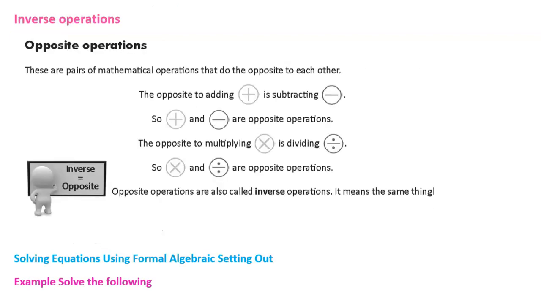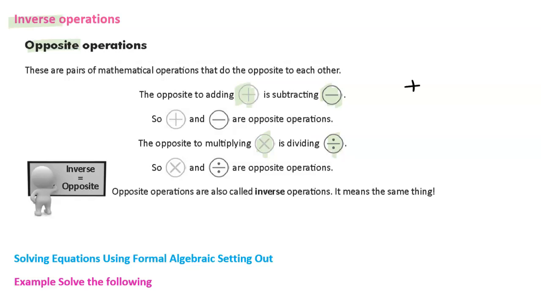So now let's get into solving some of these equations. To be able to solve, we need to remember our inverse operations. Inverse means opposite, and operations is talking about what we can do with numbers: adding, subtracting, multiplying, dividing. So the opposite of adding is subtracting. They're opposites. And the opposite of multiplying is dividing. So we call these inverse operations.